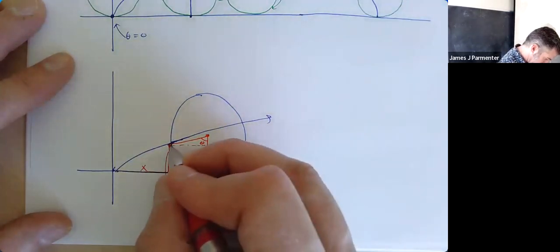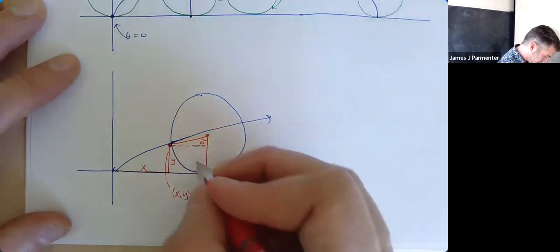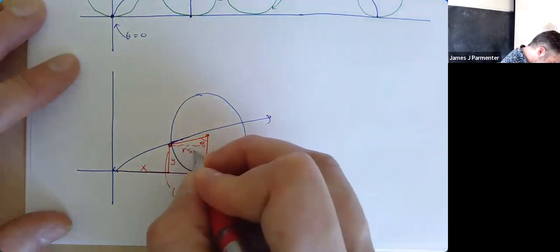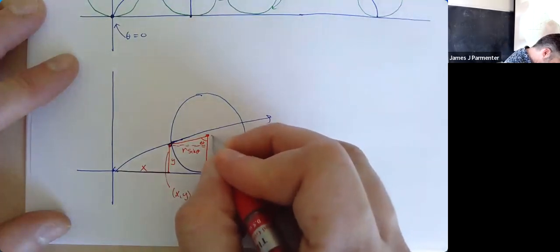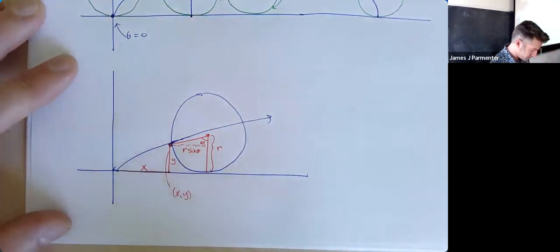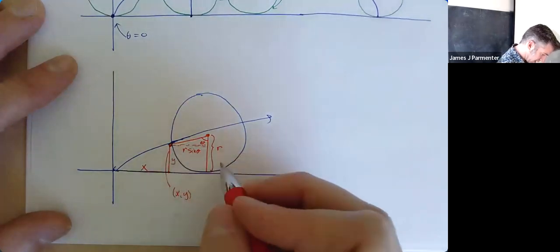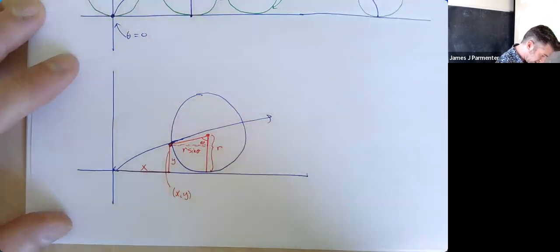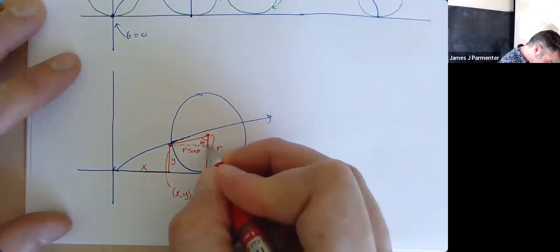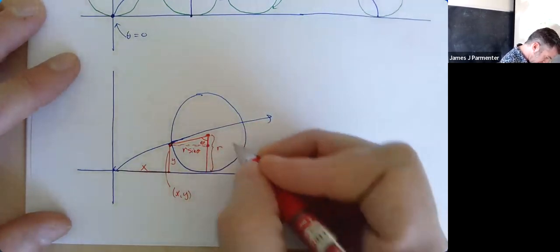This length here is r sine theta. I should say r is the radius of the circle. So that's r sine theta, and this part there is r cosine theta.